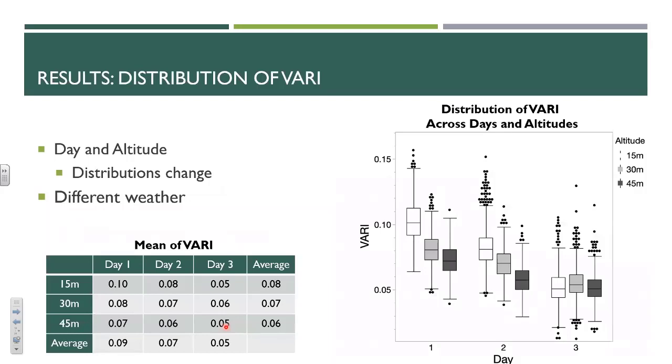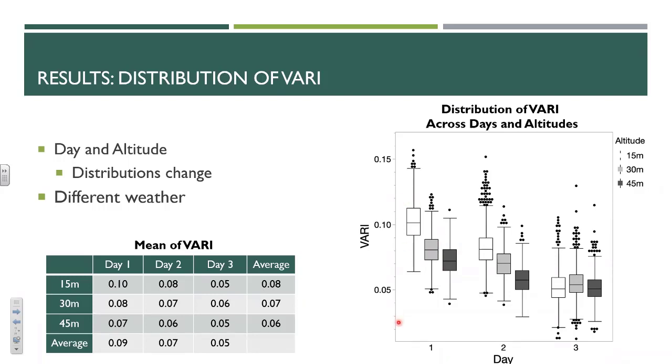So straight to the results for the different days and their impact on flights, or the altitude across days and their impact on flights. You can see here we have on the x-axis the days, and then VARI on the y-axis. The white boxes are the VARI from 15 meters, the grays from 30 meters, and then the dark grays from 45 meters.